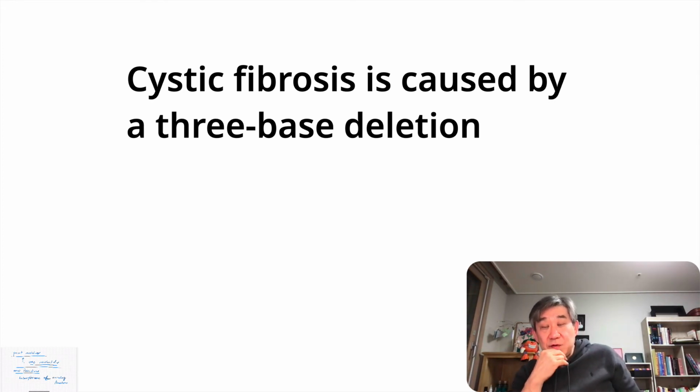So the second example we are going to look at is cystic fibrosis, which is a disease that we Asians don't really have to worry about, because the frequency of this mutation in this ethnic population is extremely rare.